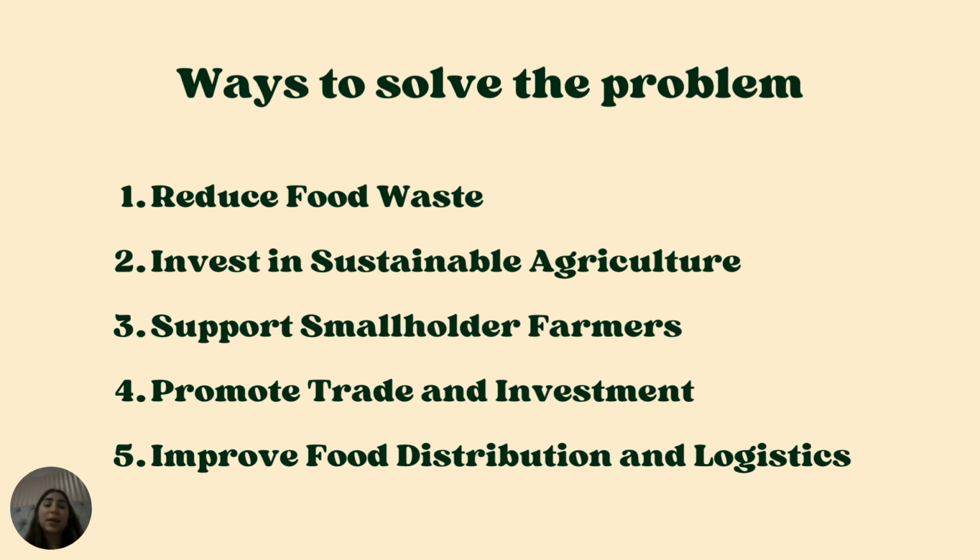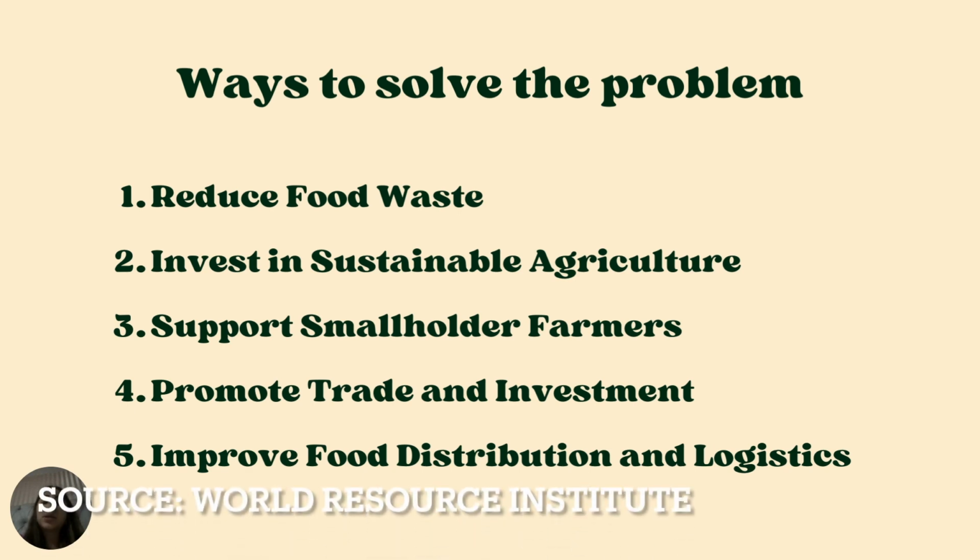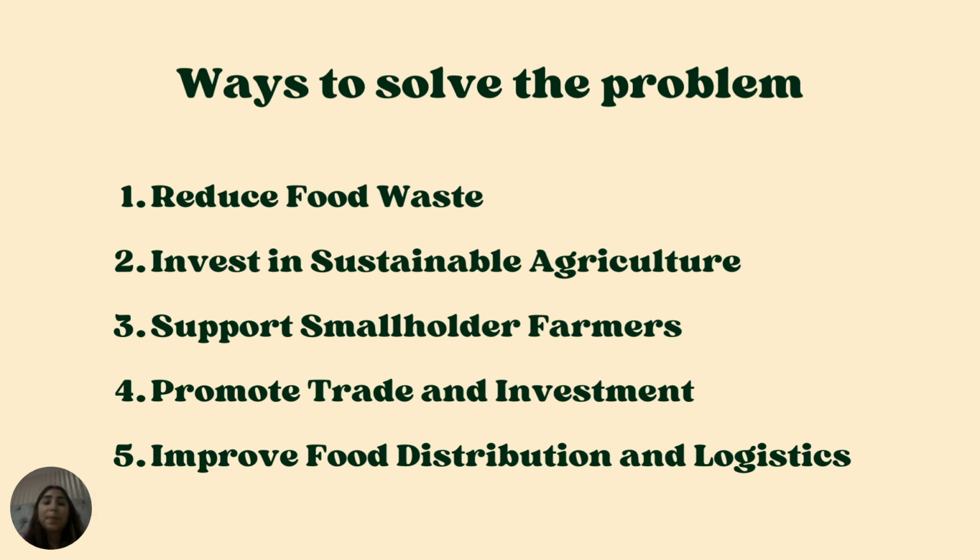In this case, we have 5 ways to solve the problem. For starters, first, reduce food waste. This means to minimize food loss and waste throughout the supply chain to conserve resources and alleviate price pressure. 2. Invest in sustainable agriculture.